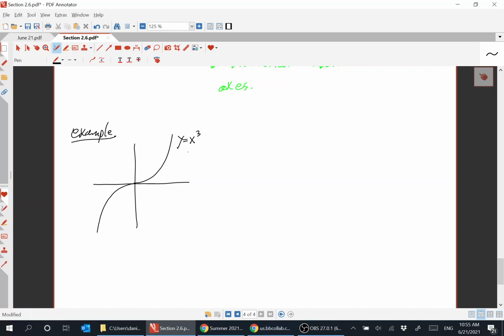If you were to reflect it around the origin, you would get the same function back. The reflection through the origin is the same function back again.